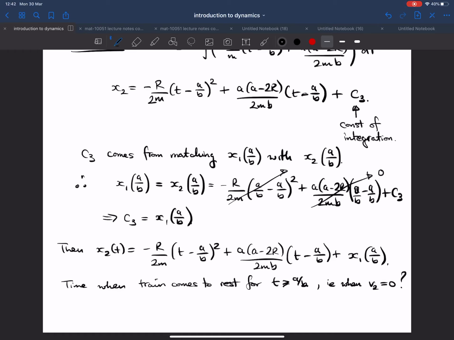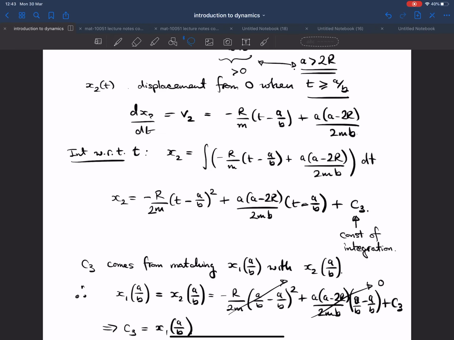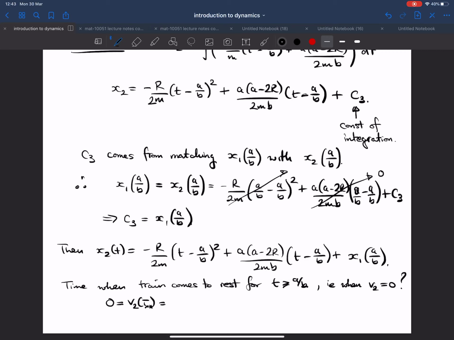So there is a time capital T star star where v2 of T star star is equal to 0, and let me just borrow this. So we need to know when this expression is equal to 0. So this we can solve.